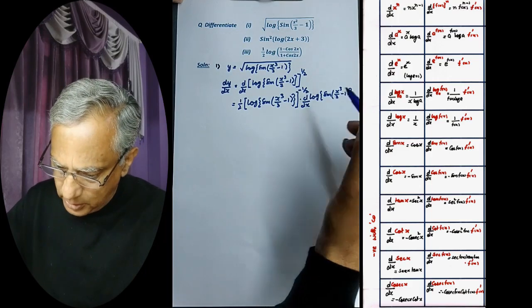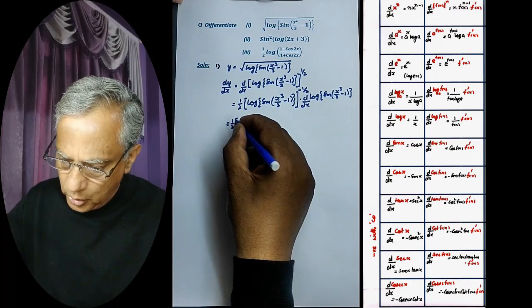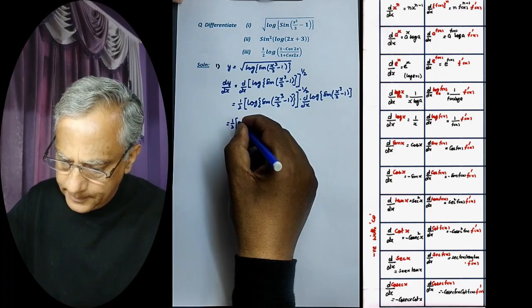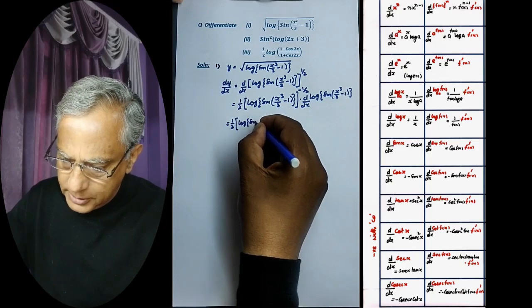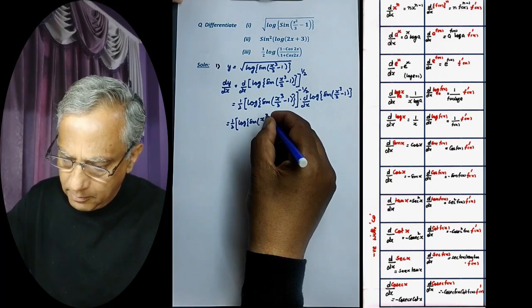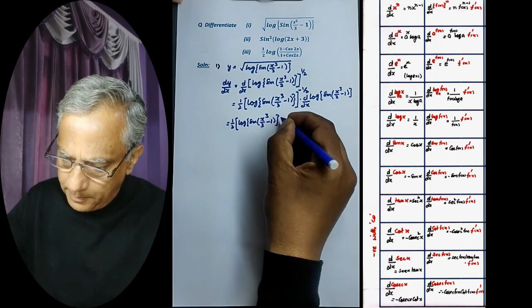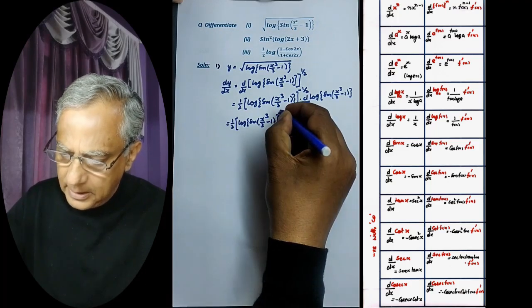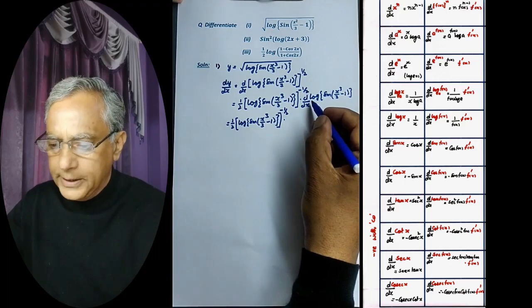So this is equal to 1 by 2 into log of sine x cube by 3 minus 1 whole to the power of minus half into d by dx of log of this.